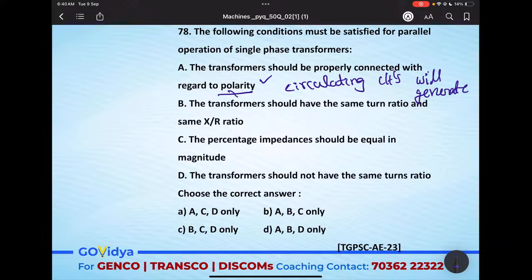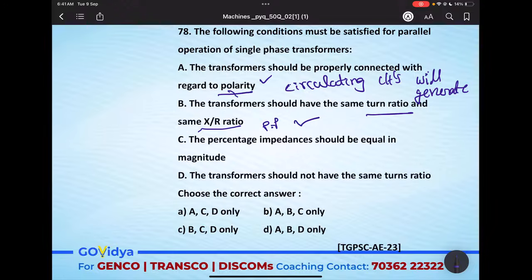The next statement is that the transformers should have the same turns ratio. Yes, both having the same turns ratio and same X by R ratio. If both have the same turns ratio and X by R ratio, circulating current won't be there, and both will operate at the same power factor.